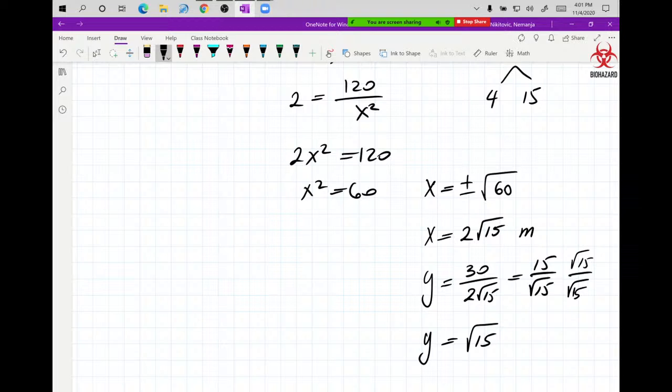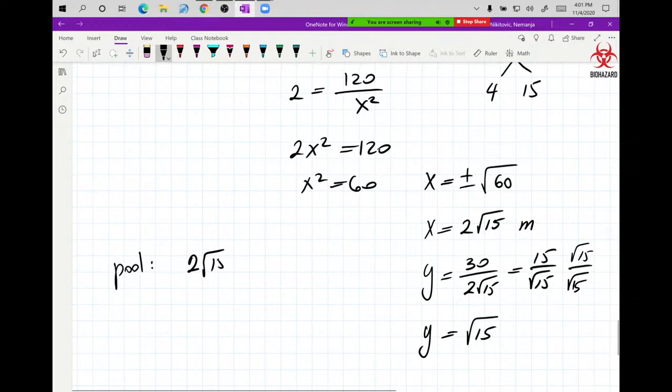So the dimensions of the pool are, I mean, these are terrible numbers for the pool, but whatever. 2 square root 15 by root 15. Yeah, they're terrible dimensions for this.